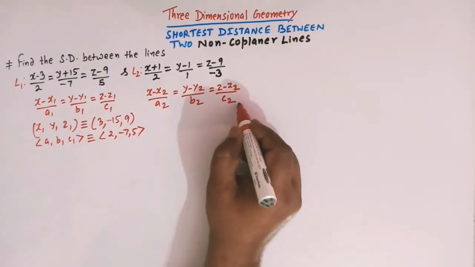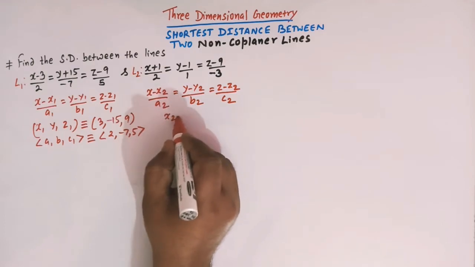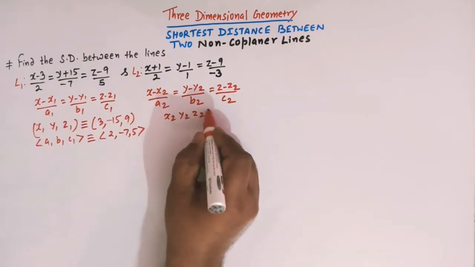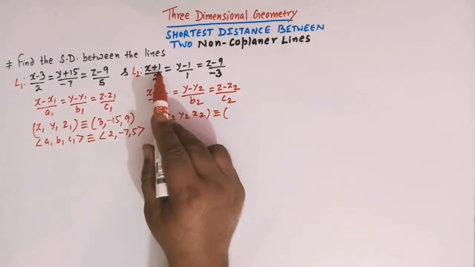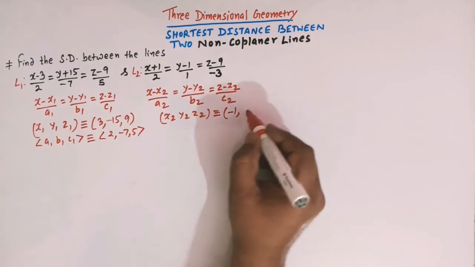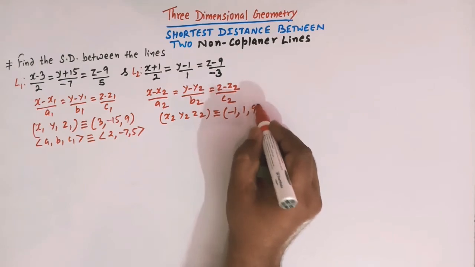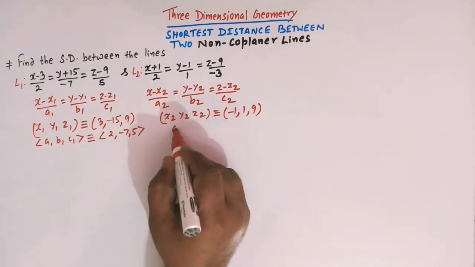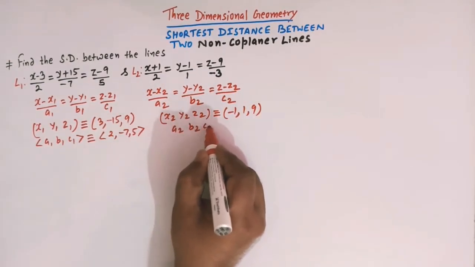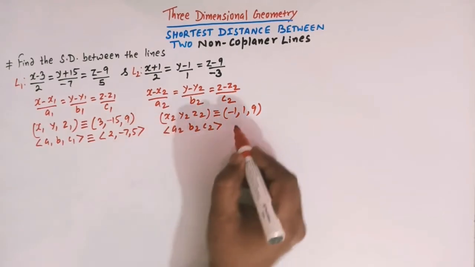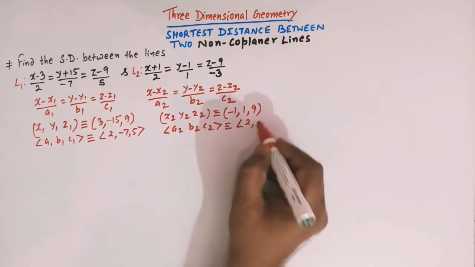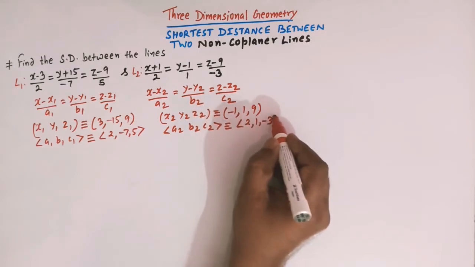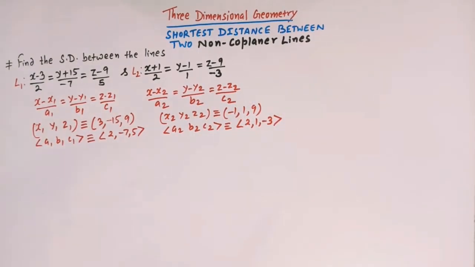And similarly here we have x2, y2, z2 as minus 1, 1, and 9, and a2, b2, c2, the direction ratios, are given by 2, 1, and minus 3, right?